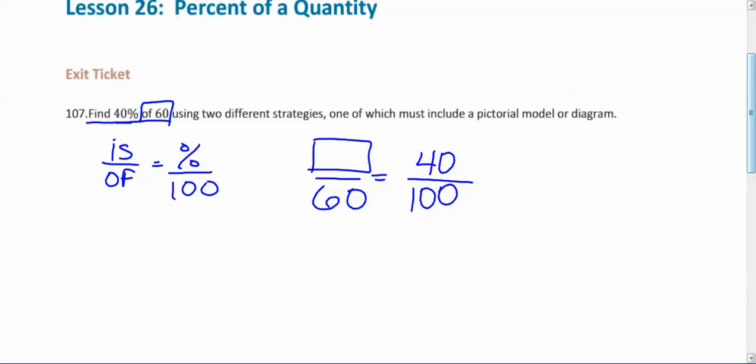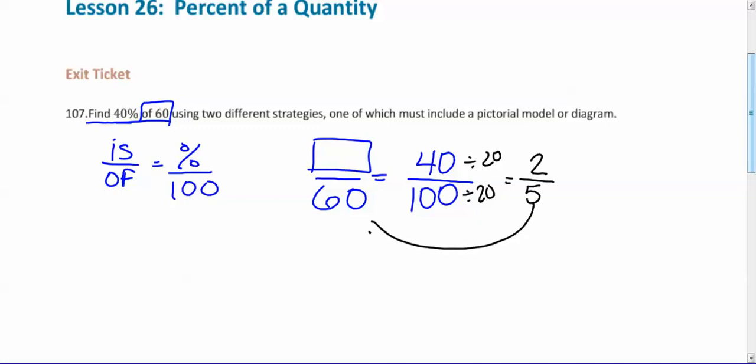All right. So again, if you can't divide or multiply, you need to simplify. So we're going to divide the top and bottom by what greatest common factor? We could go to a lower factor of 10, right? And that would work. Or we can go to lowest, which would be 20. So if we divide by 20, what are we going to get? 2 over 5.